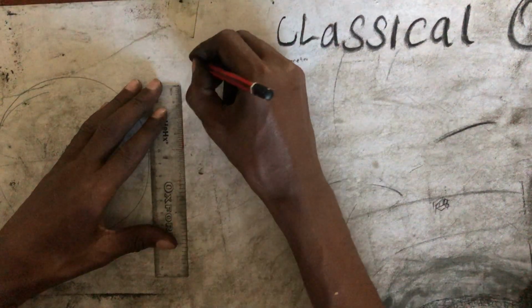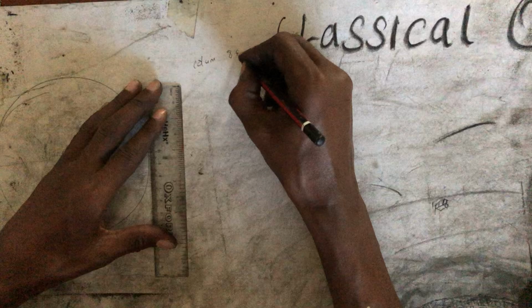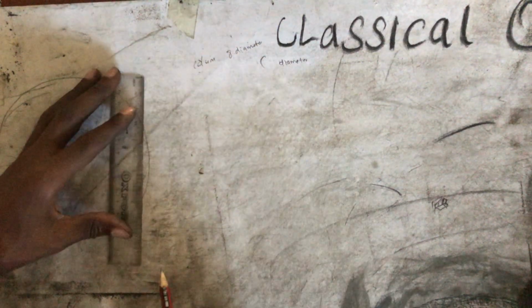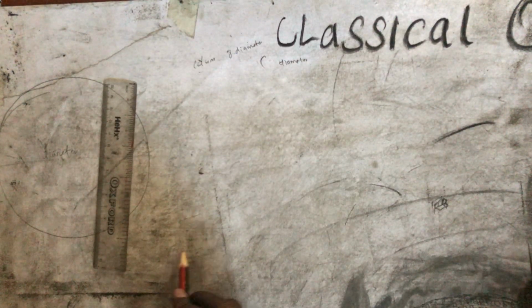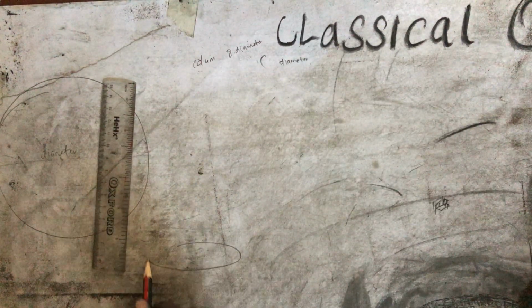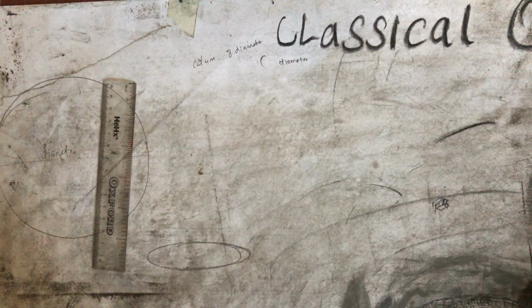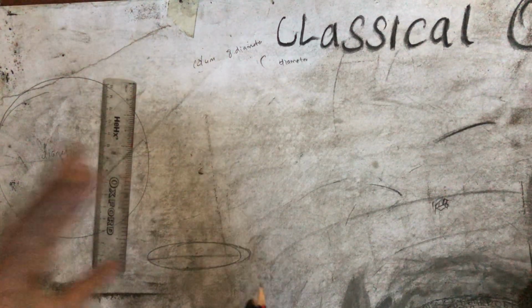A column is 8 diameters. A column, let's assume. Okay. But this is too long.